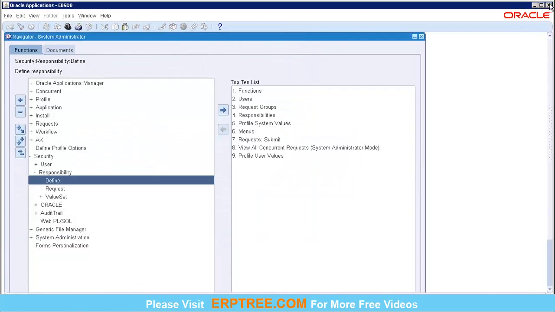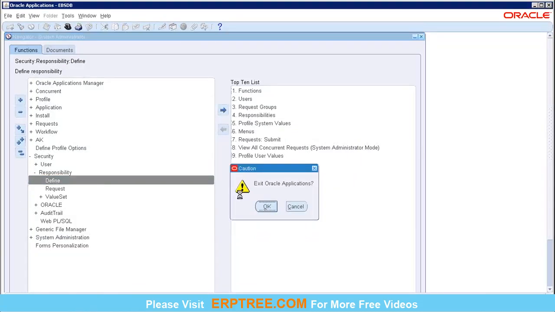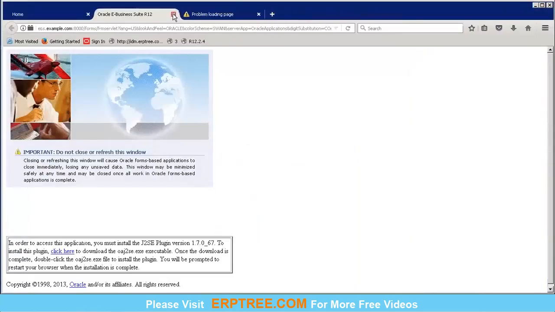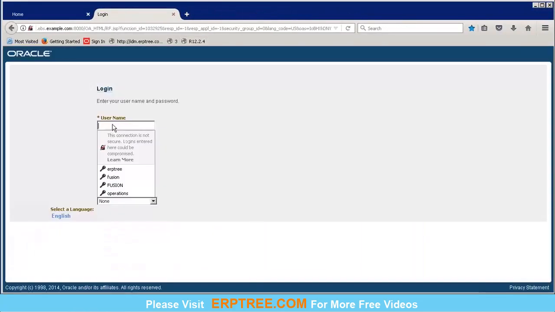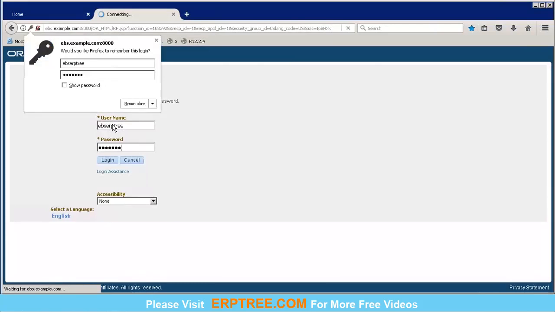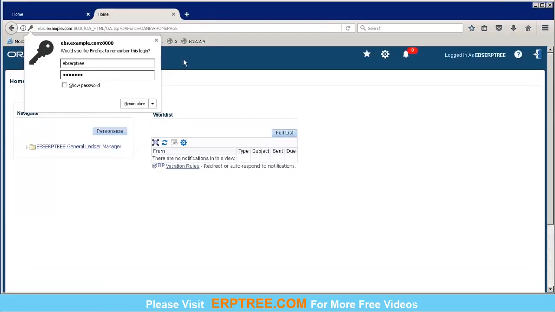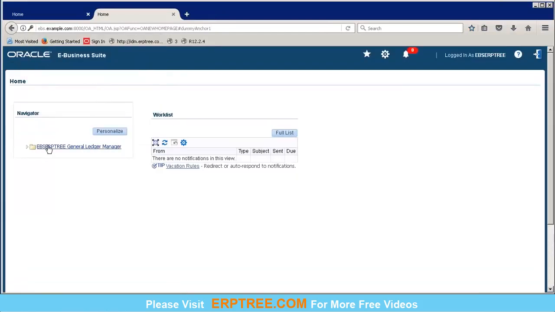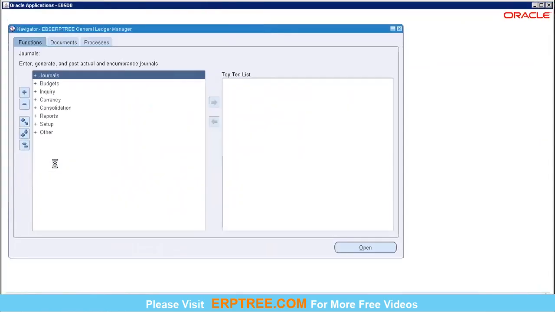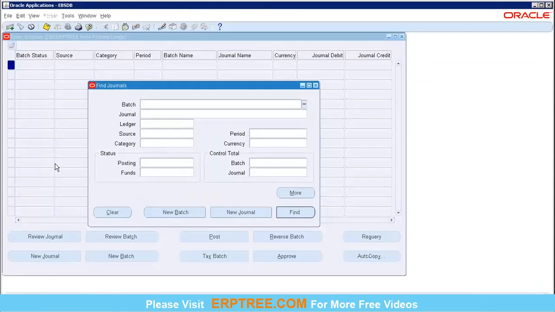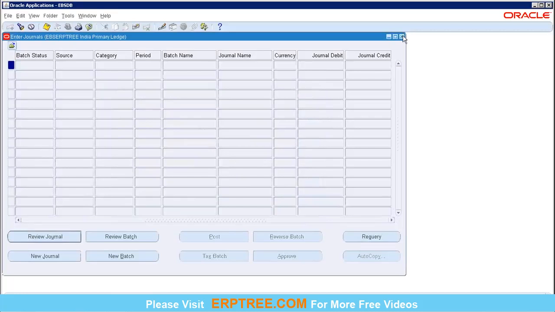Now I'll go to this responsibility. Just click on this responsibility, expand this, click on any one of the functions.